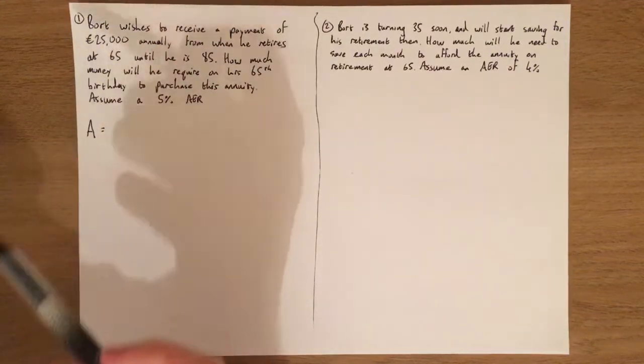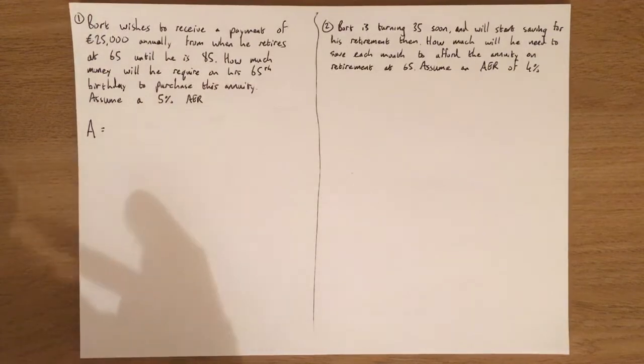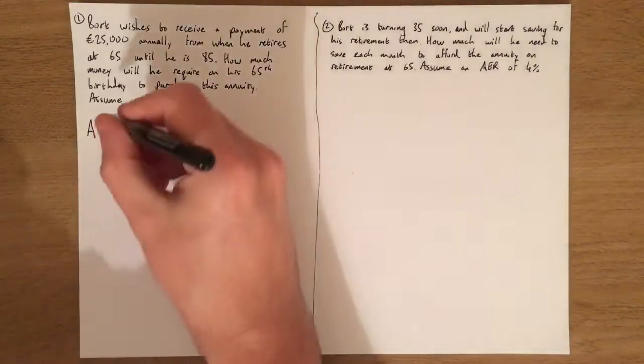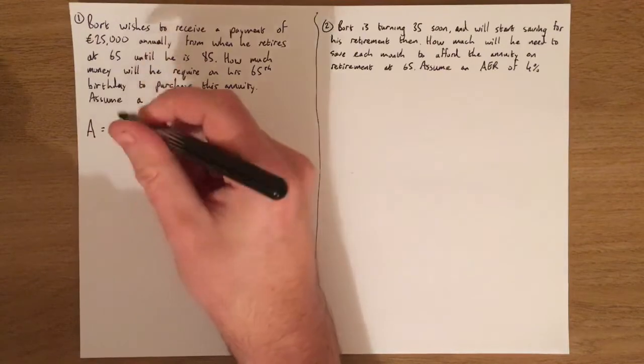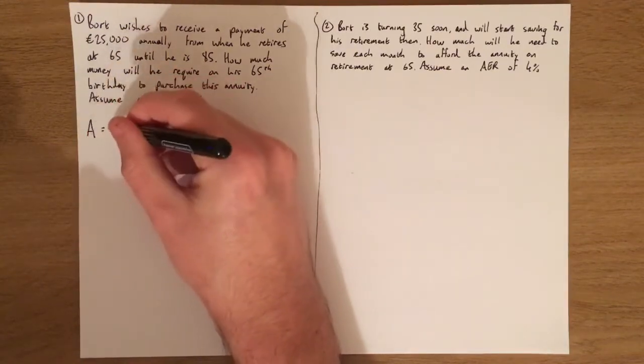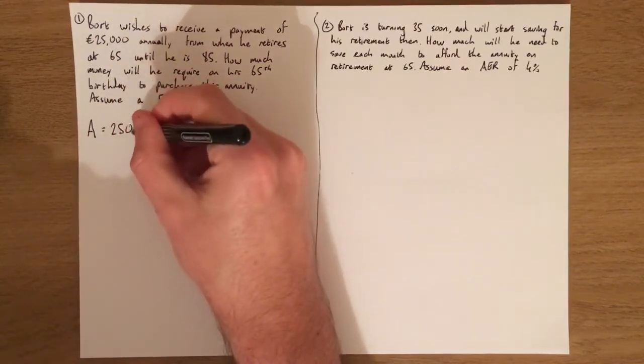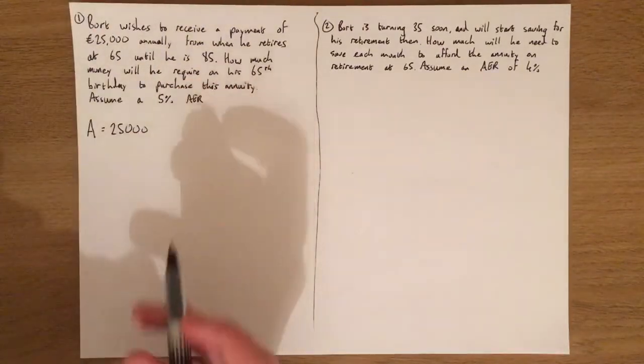25,000 annually from when he retires. So I would interpret that as he receives the first 25,000 straight away. The annuity is purchased and then straight away it pays out 25,000 and then 25,000 every year. So the annuity when he turns 65 is going to cost the present value of the 25,000 he receives straight away. Don't need to discount that.